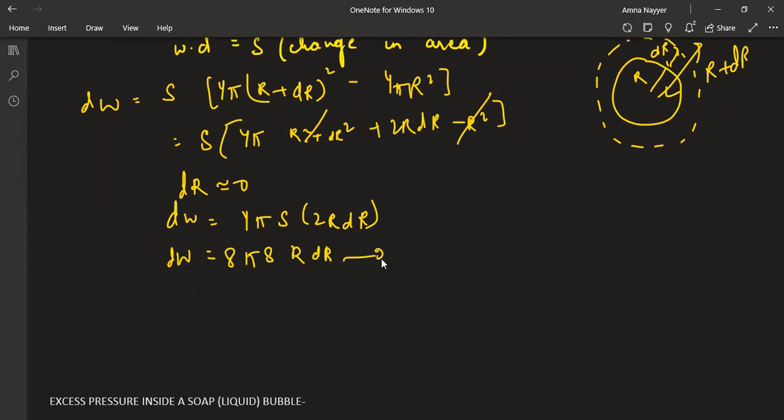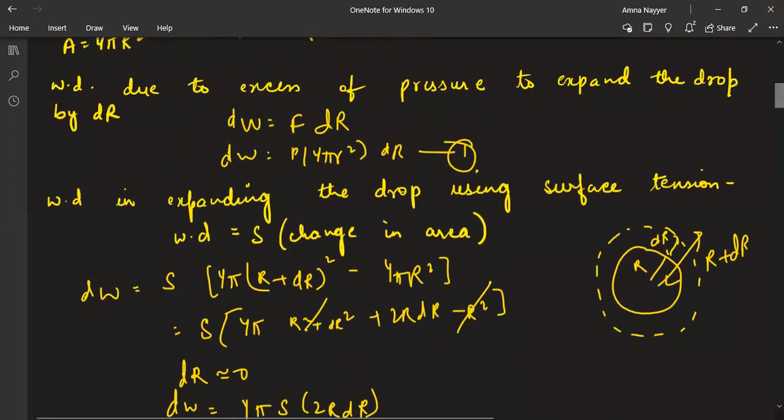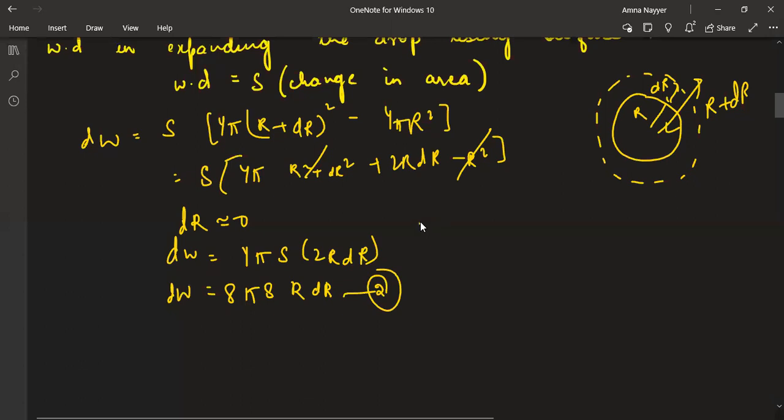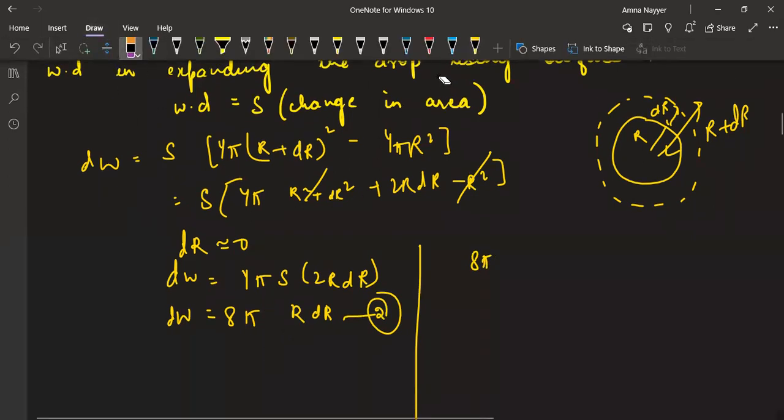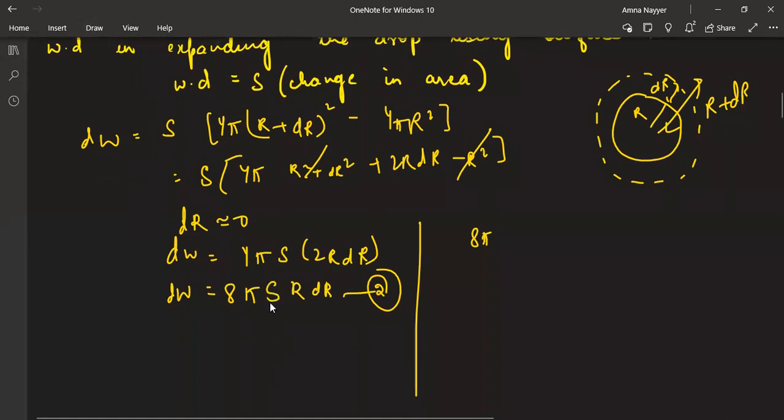This is one equation, second equation, and one more equation we obtained on work done. Equate 1 and 2. If you equate 1 and 2, it will be 8 pi S, this is S, not 8, 8 pi S R dR. This is P into 4 pi R square dR. dR will get cancelled.